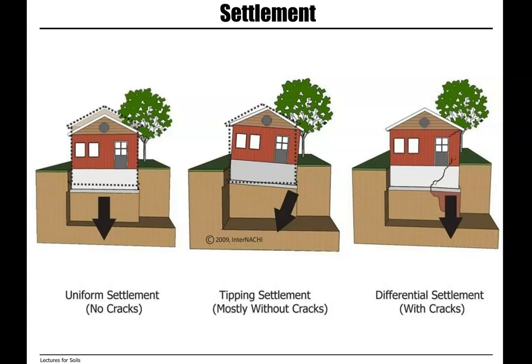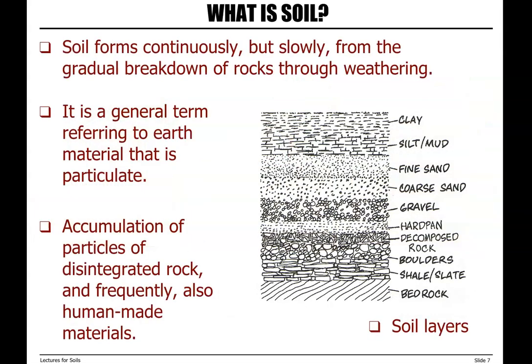Again, we will also go over the examples to see how we can design footing to limit settlement to a certain number and to avoid failure. But now let's start by looking at what is soil.